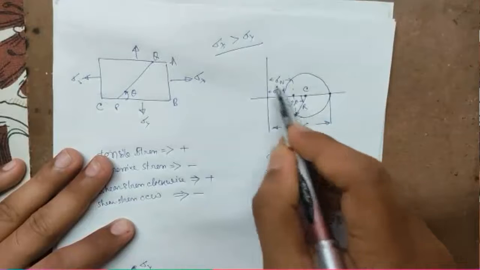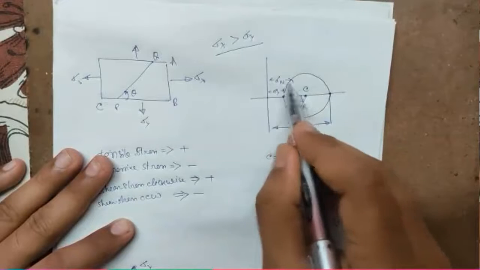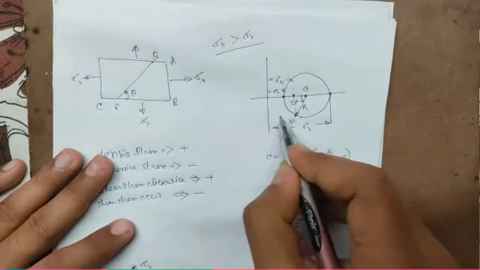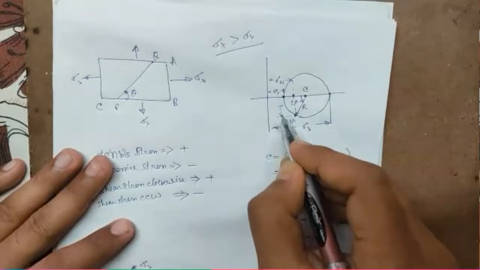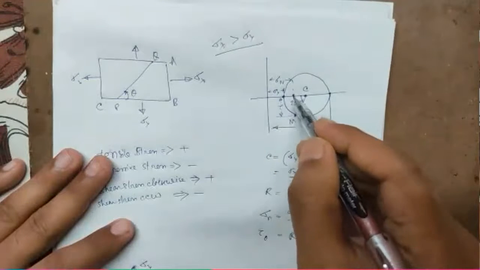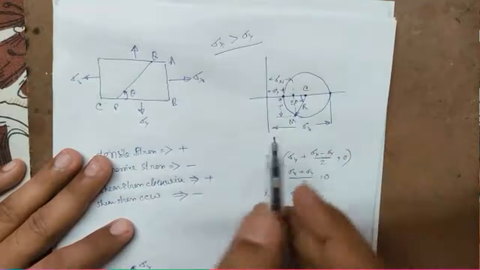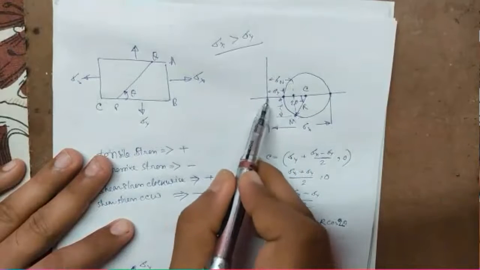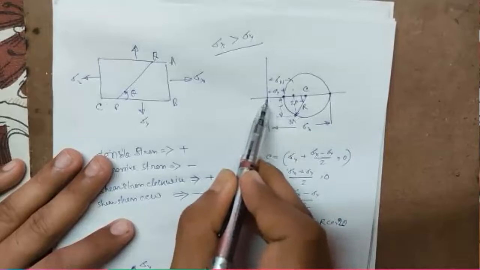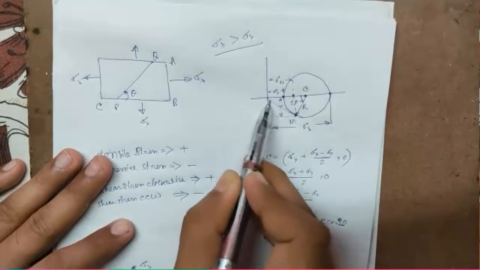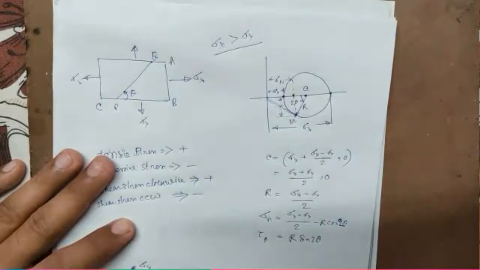From origin to this point will be the normal stress on this plane. From here to here, the length of this perpendicular, will be the shear stress on this plane. And if we draw from here to here, that will be the resultant stress.